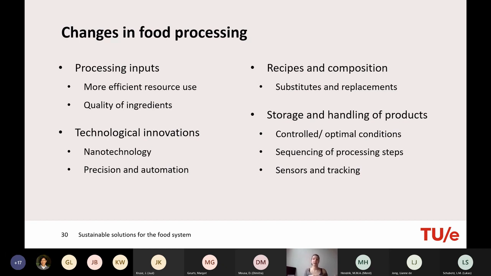Do we need to have everything in a certain standard, or is it fine to have a lower standard of tomatoes if I want to make it into a tomato paste anyway later on? Then there are technological innovations such as nanotechnology, precision and automation, as mentioned before, which make it easier to track things and make things more precise.